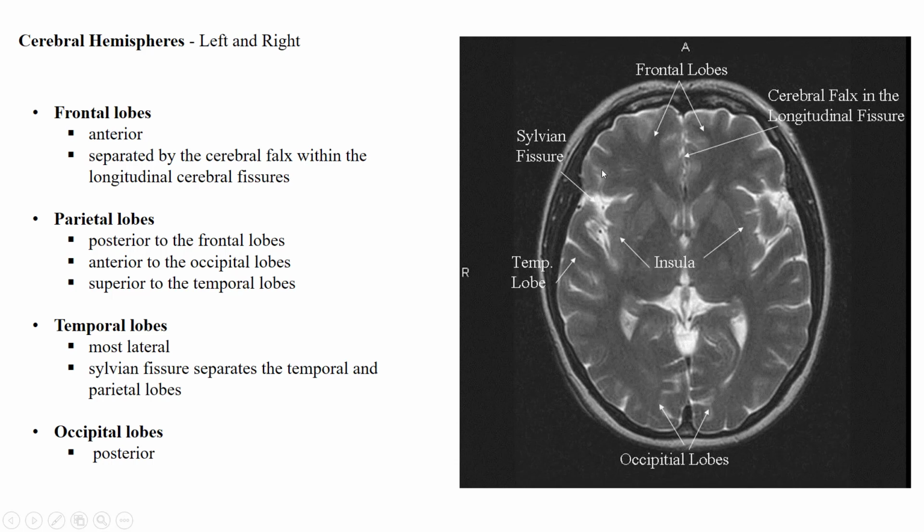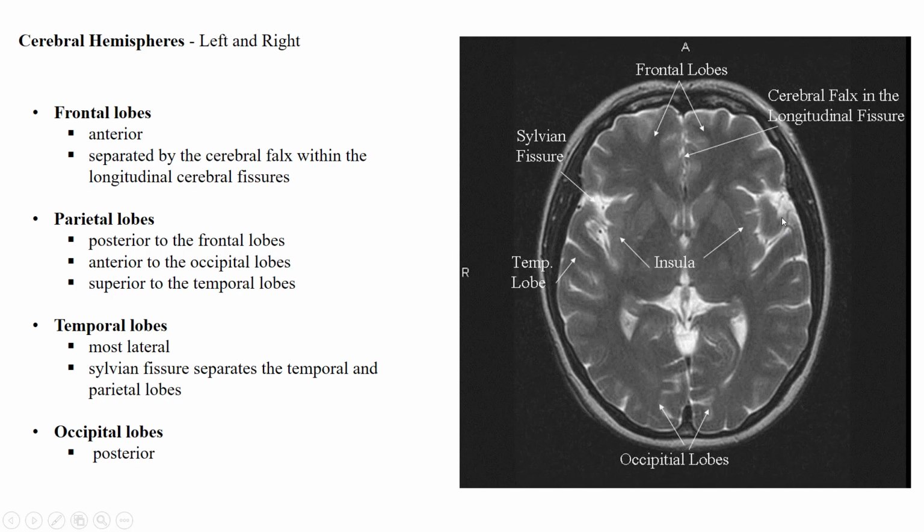And then separating that frontal lobe and parietal lobe from the temporal lobe is a Sylvian fissure, and you can see that all of these sulci are bathed in CSF. So that's easy to see here because the CSF is bright white.